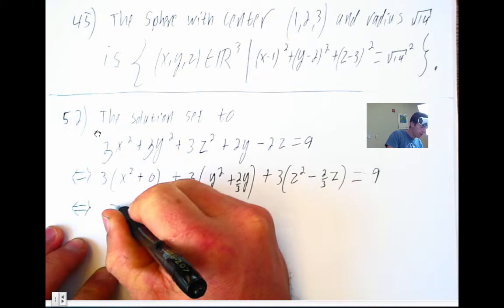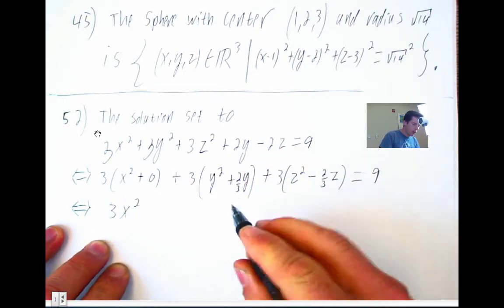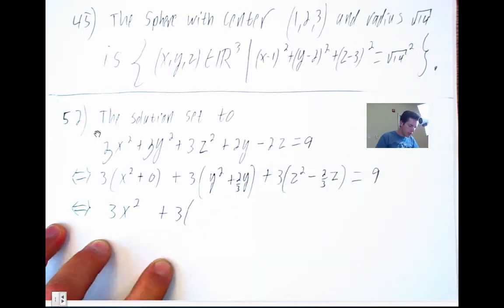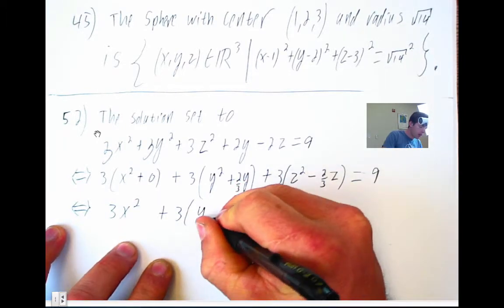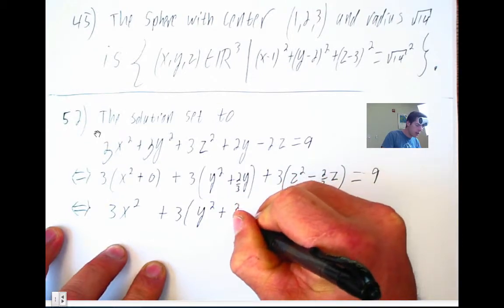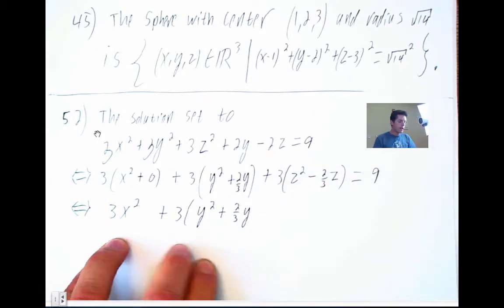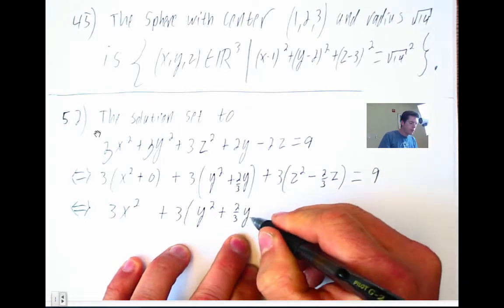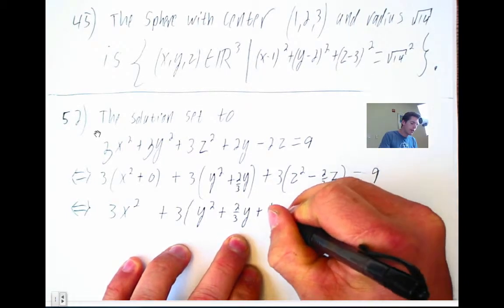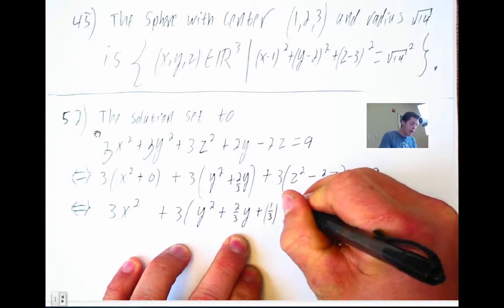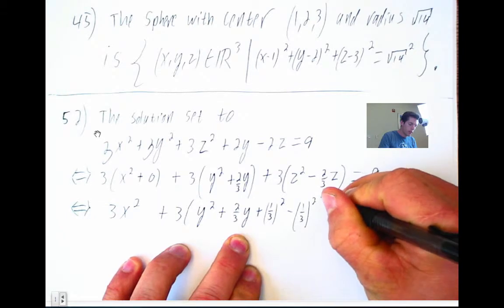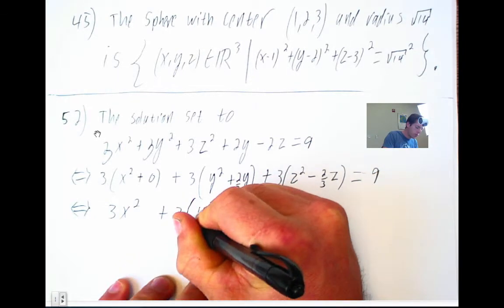This term is fine, 3x squared, it's already a square. For y, what I'm going to do this time is divide the coefficient of y by 2 to get 1/3, and I'm going to add that squared and subtract it, 1/3 squared, all within this big parentheses that goes with that.